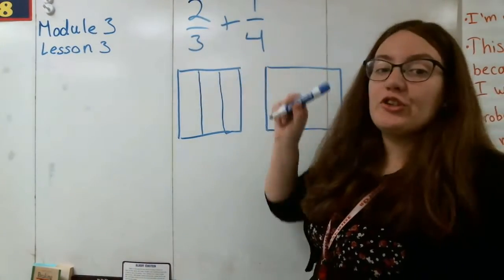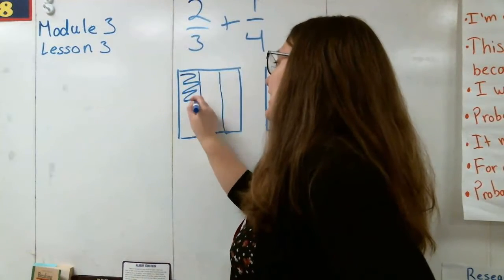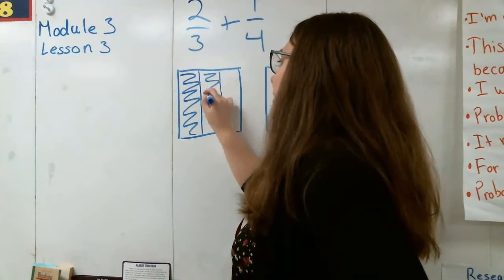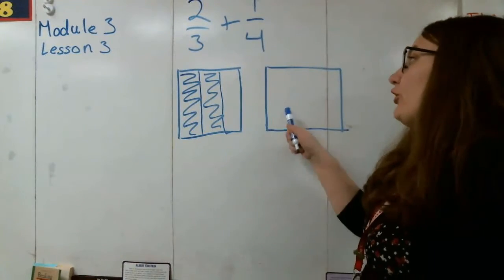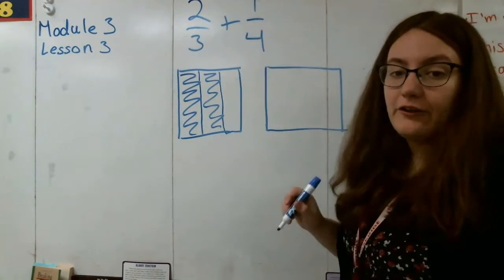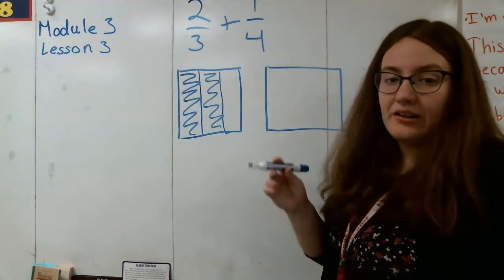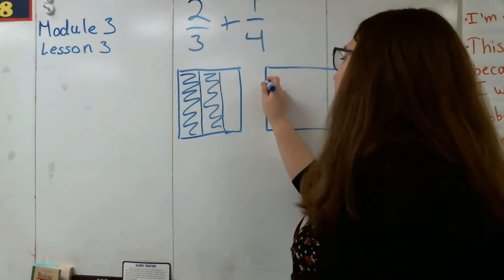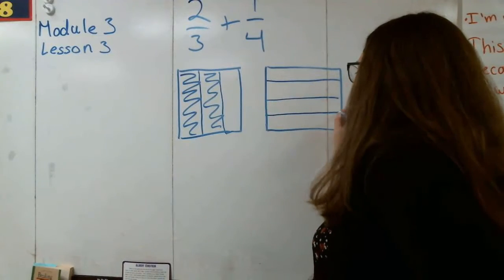My numerator is 2, and what that means is that I need to shade in 2 parts out of the 3 parts. And then over here I have 1/4. So since my denominator is 4, I need to split this model into fourths. Except remember, I do this horizontally. So I'll split this into fourths.